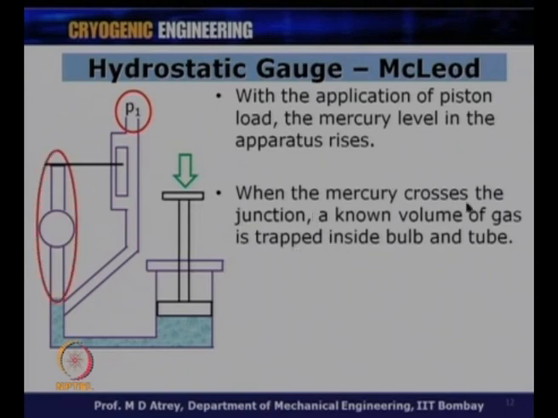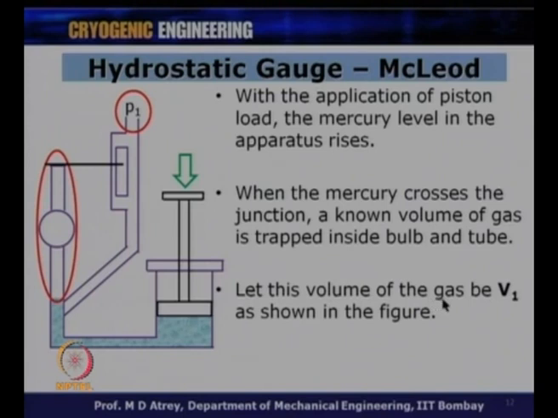All right. So, when the mercury has crossed this junction, a known volume of gas is trapped inside the bulb and the tube. So, this much volume, which is the volume of this tube plus the entire bulb, a known volume, has been trapped now in this case. Let this volume of the gas be V1 as shown in the figure.